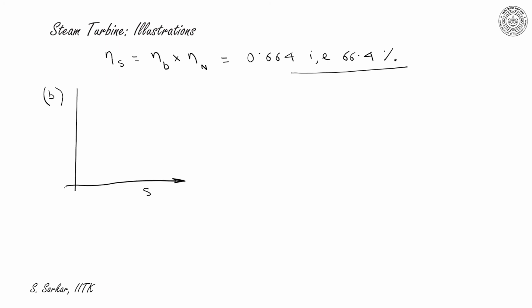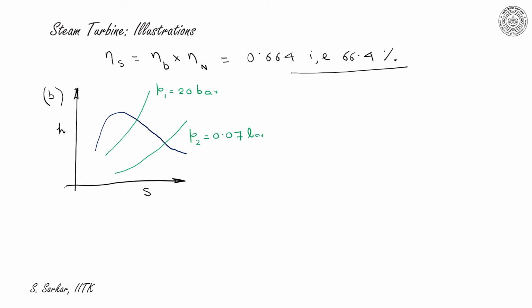So this is S and this is H. This is the saturation line. This is the constant pressure line. Let's consider this is P1 is equal to 20 bar and P2 being 0.07 bar.